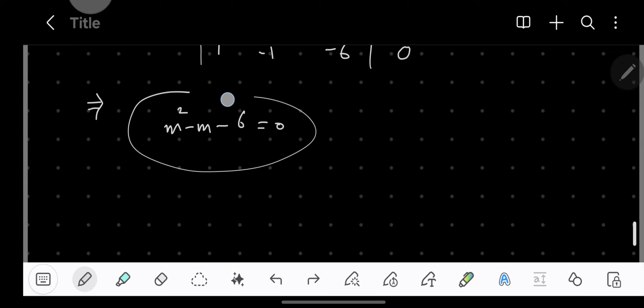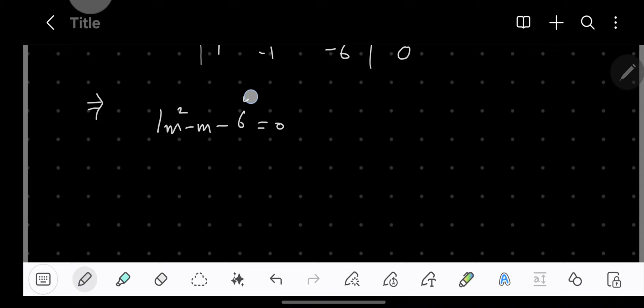So now we can solve this equation by any method. We have three methods. The first one is by factorization, the other one is by formula, the third one is by completing square. So I will do it by factorization. If I multiply this 1 and this minus 6, I will end up with minus 6.